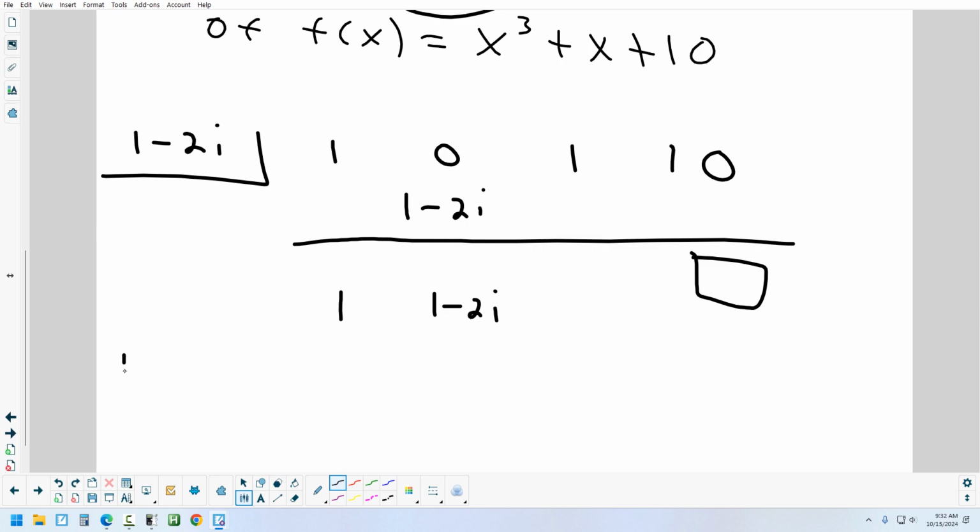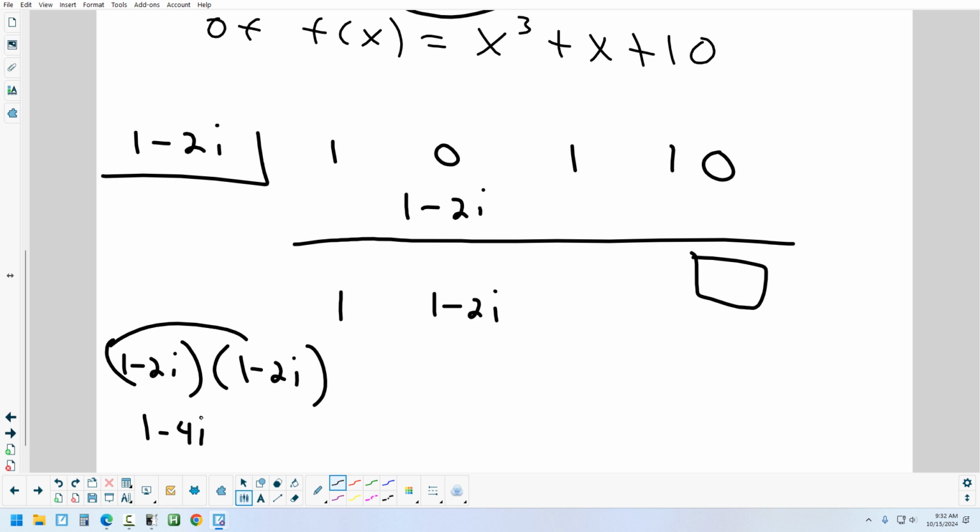So we've got 1 minus 2i from the bottom of the second column times the number on the outside. FOIL that out. We get 1. What am I going to get for my i term in the middle? Yep, negative 4i.